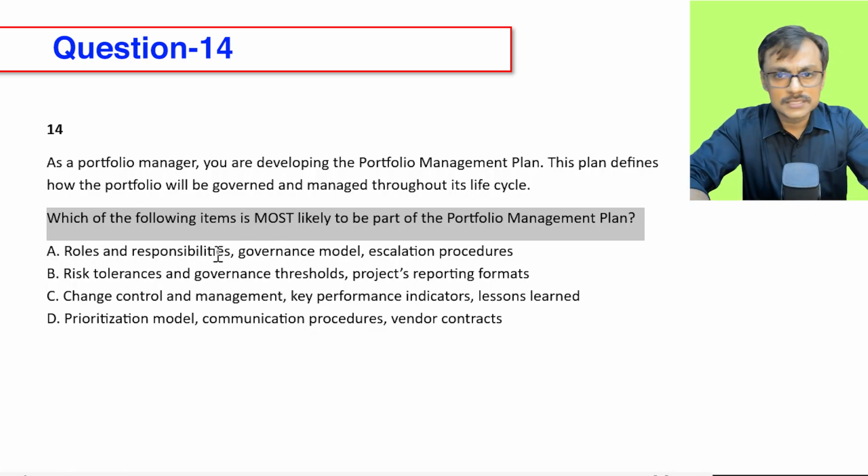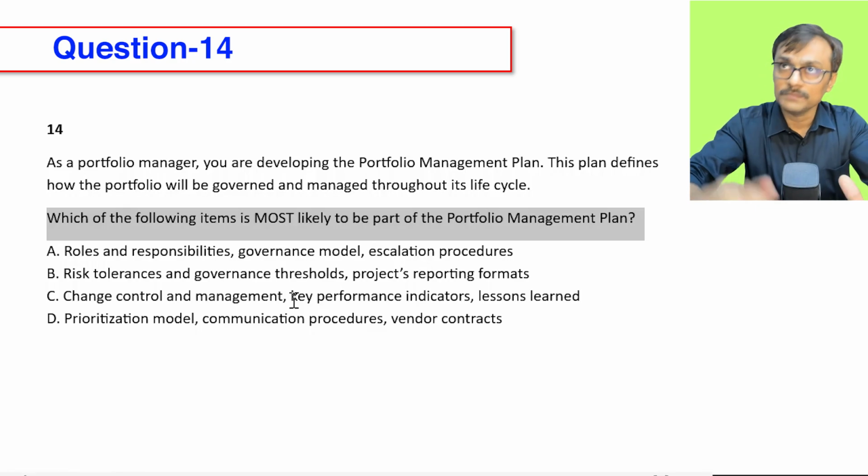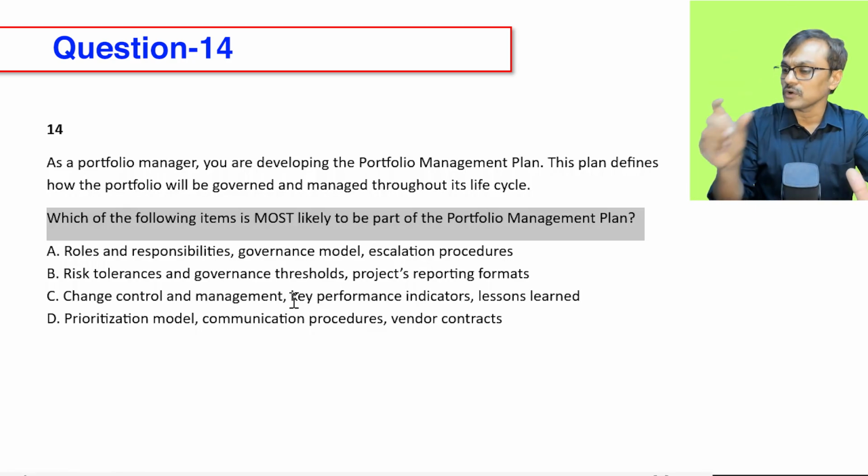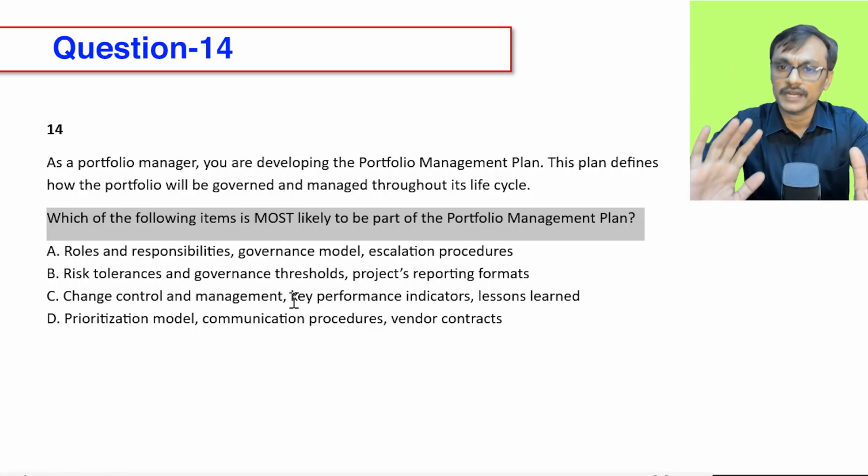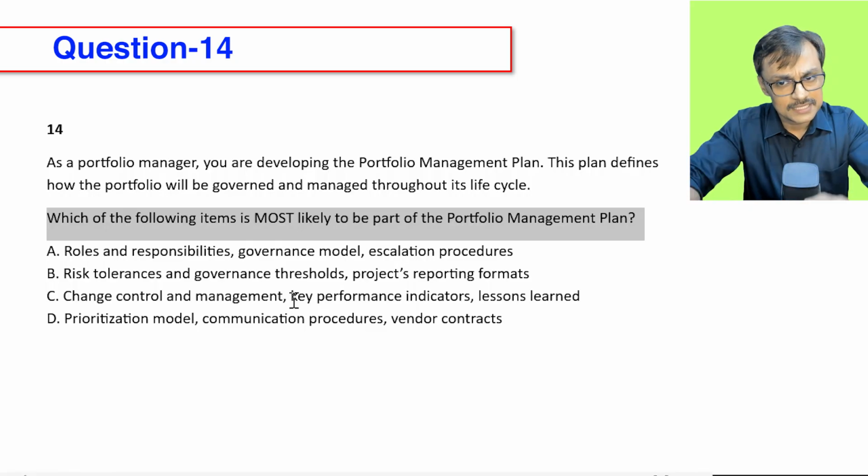So you can make a list of all the artifacts and what sections each has. If you have that clarity, then even by elimination you can find the answer, and many questions will get answered right just by that simple thing.